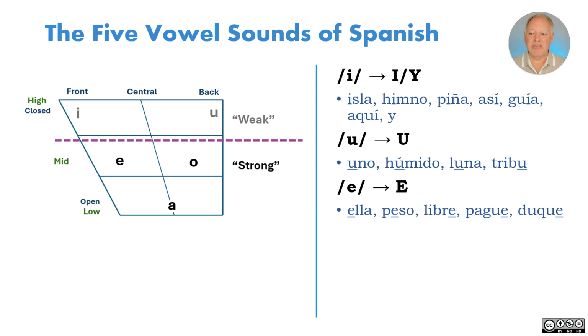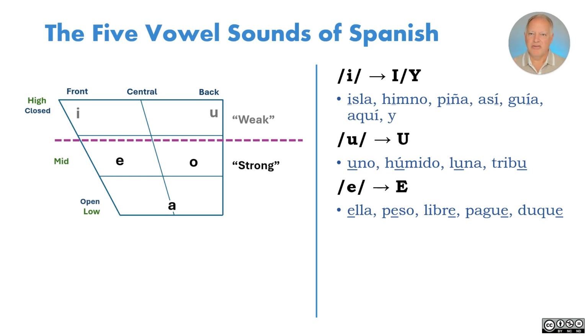So our mid vowel, a somewhat fronted vowel, is written as the letter E. Ella, peso, libre, pague, silent U, duque. So regardless of where it appears in the word, what other sounds are around it, this sound is always going to be E.